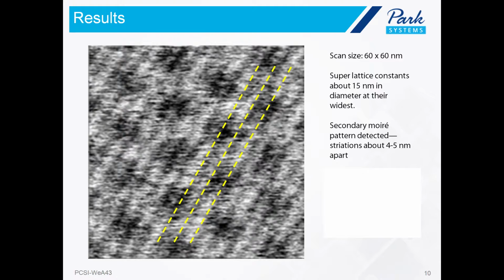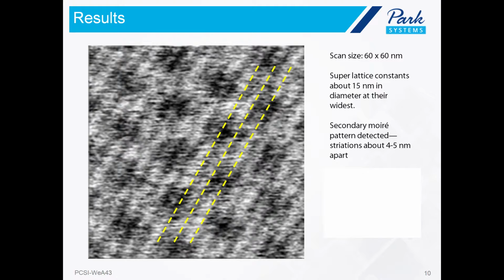But you'll probably already take note of it in other portions of the image. But running along these yellow dotted lines, we saw striations. We saw stripes. And stripes that, again, had a degree of uniformity to them. They occurred from the upper right corner to the lower bottom corner of the image in this particular scan orientation. And they were happening at 4 to 5 nanometers apart.